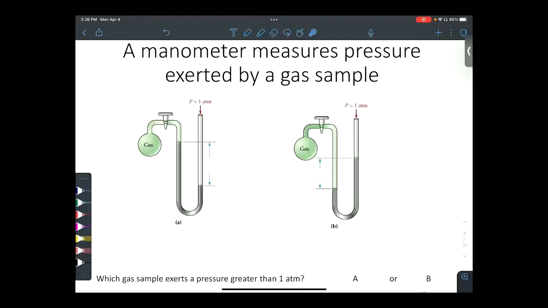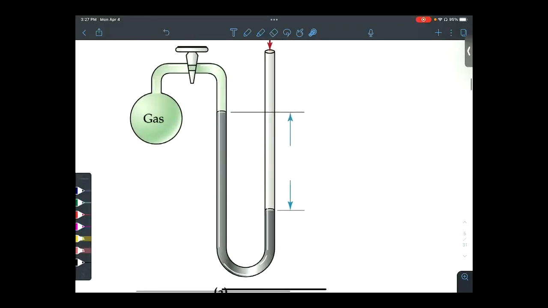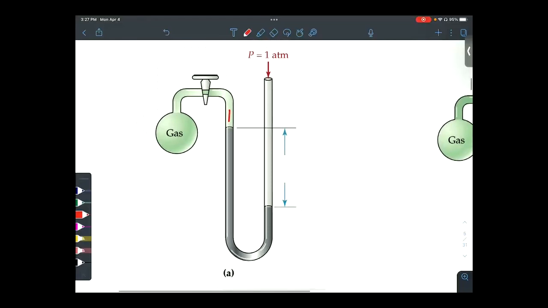A manometer measures pressure exerted by a gas sample. Here we have a gas sample, and then this column is filled with mercury, both of these. If we look at A, this gas is exerting a pressure on that column of mercury.